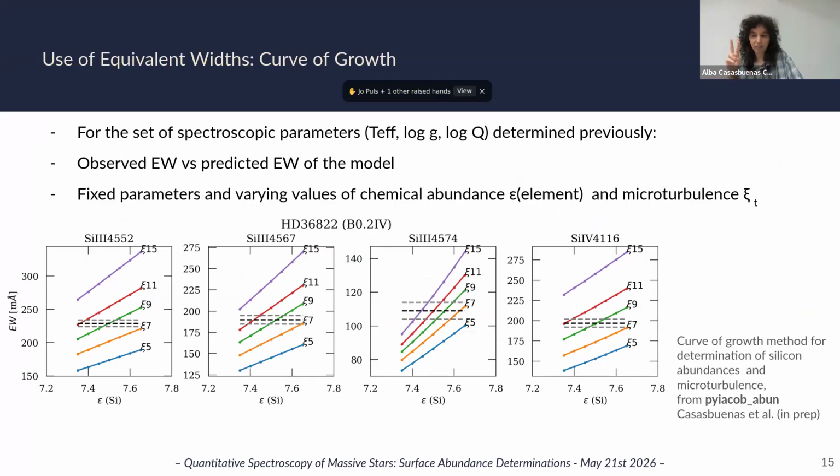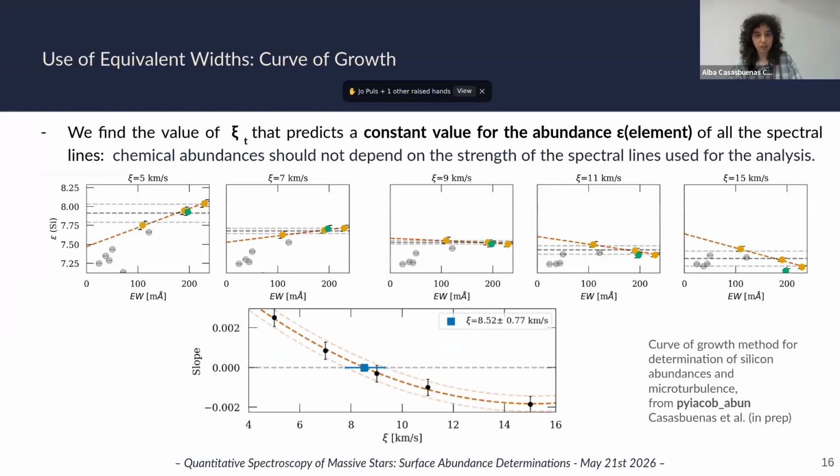It's nice to have lines from 2 ionization stages, if possible, in particular with silicon, for the ionization equilibrium for the B-type stars.